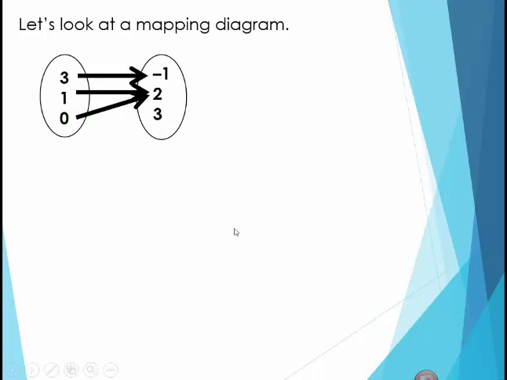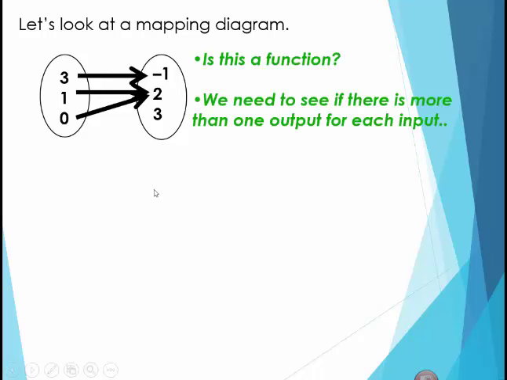All right, so let's look at a mapping diagram. A mapping diagram is kind of hard to understand if you look at it just as a diagram. I like to copy down each ordered pair. For example, 3, -1 would be an ordered pair. 1, 2 would be an ordered pair. And 0, 2 would be an ordered pair. And this is why you're looking at the 1 and the 0 saying, oh, they're going to 2. But you don't look at it that way.